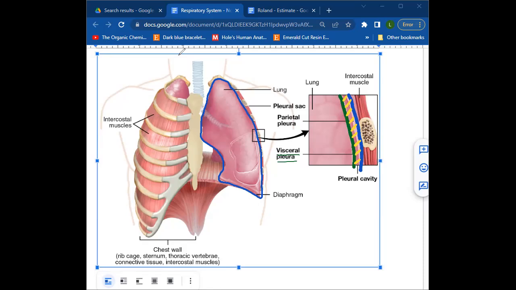And that's where some of the serous fluid is going to be located.